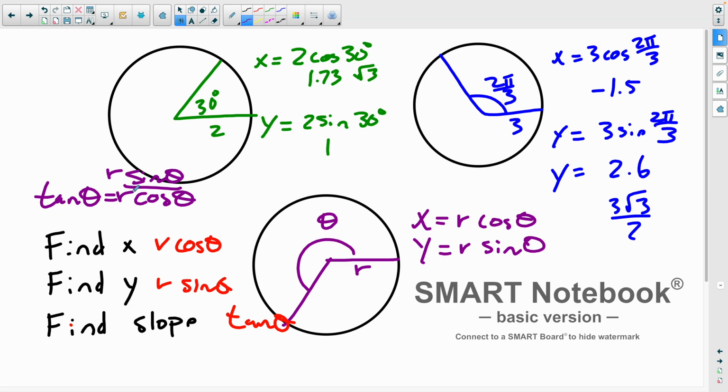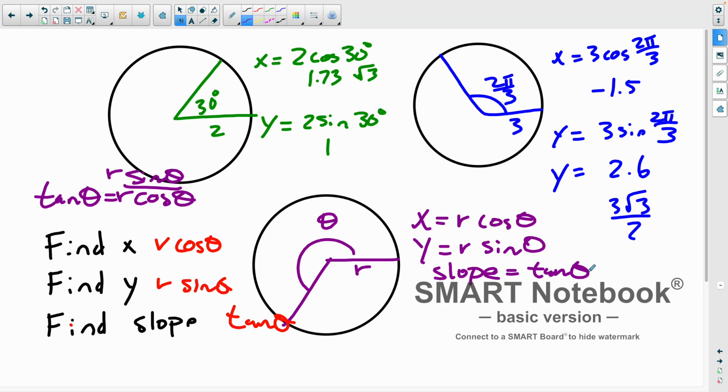So does it matter how big the circle is to tell me the slope of that line? It doesn't matter. So on this one, we won't need to find slope here. We can just use tangent of theta. We don't have to have an r there. Make sense? What if I put the y over the x? If you put y over x, that's fine also.